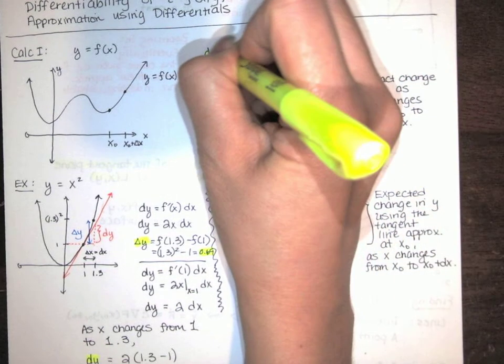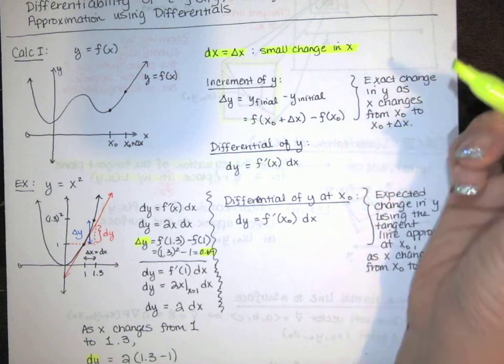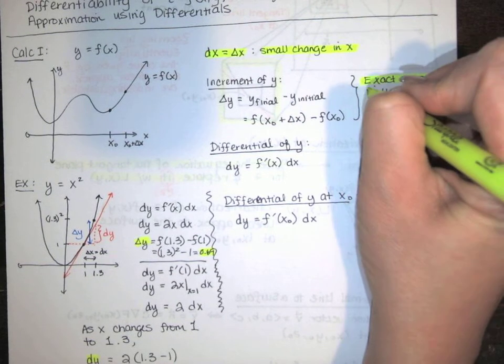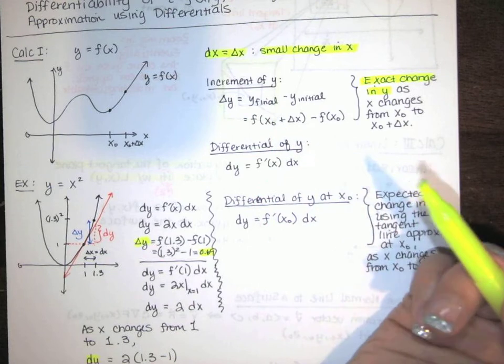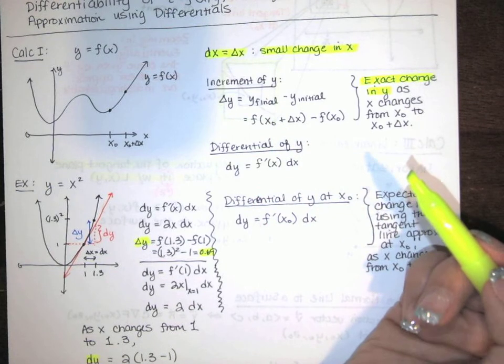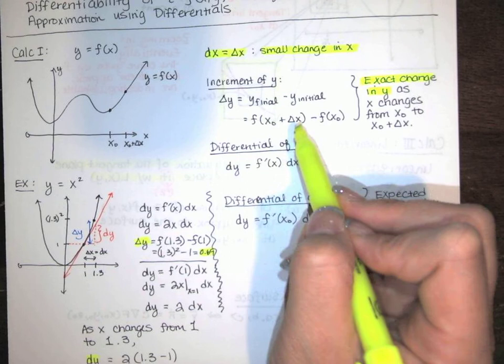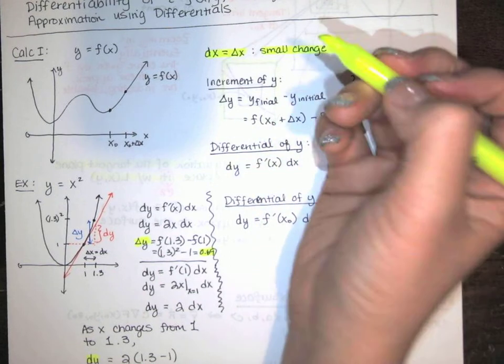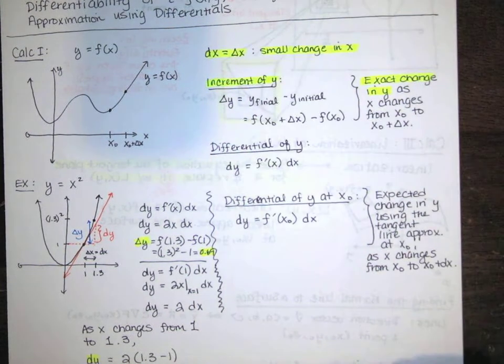Both of them represent a small change in x. The increment of y is the exact change in y using the function, saying, how does y change as you go from x0 to x0 plus delta x? Well, I just take the final y value and I subtract the initial y value, so that's that minus that, and that gives me the increment, or the exact change in y.